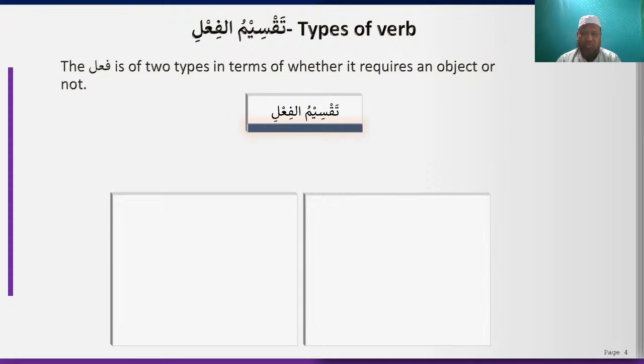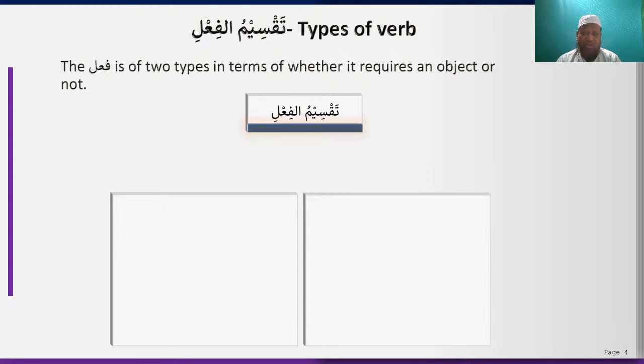Those فعل do not require an object, and if you do bring an object, grammatically it will be wrong, and you aren't even able to translate because they don't require مفعول به, an object.